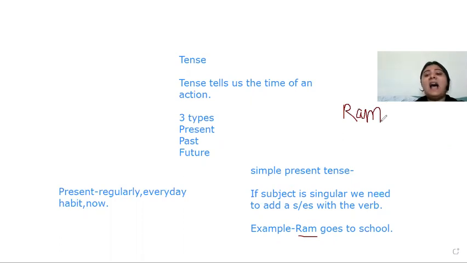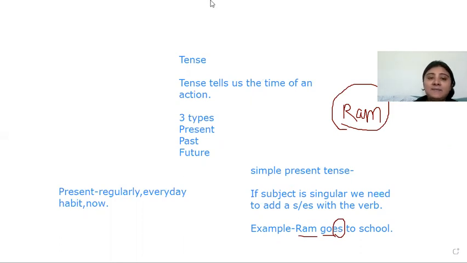Now see, Ram is only one person. Ram is a singular number. As Ram is a singular number, with the word go, I have added es. So Ram goes to school.